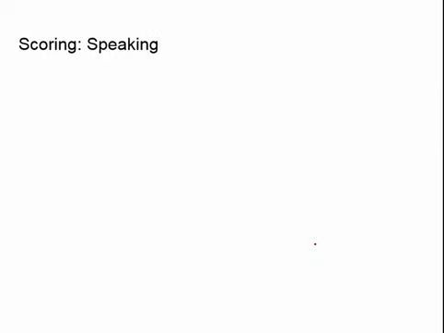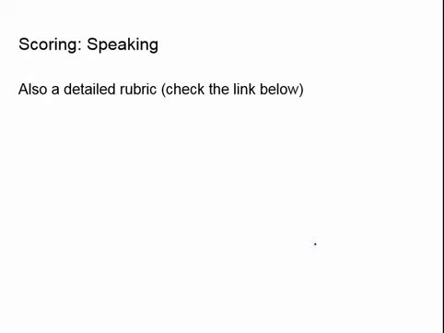Speaking is very similar. They also use a detailed rubric, and again, you can click on the link below the video and go look at what the grading criteria are for speaking. The categories are similar to writing. They want fluency and coherence.